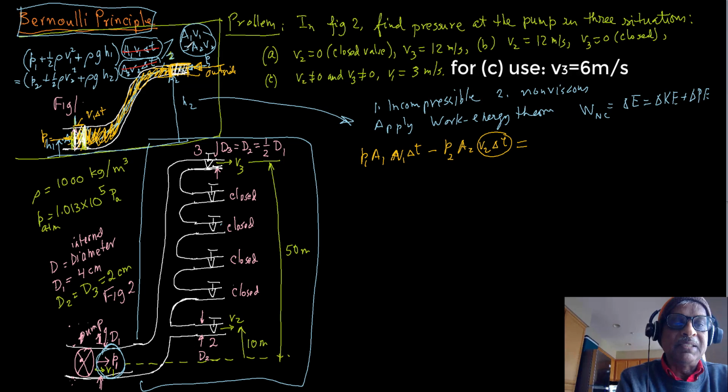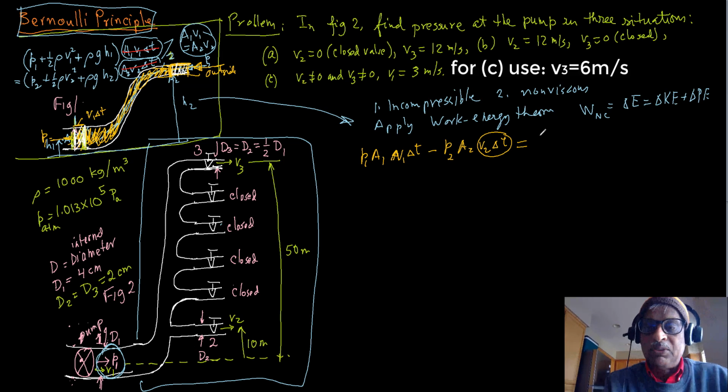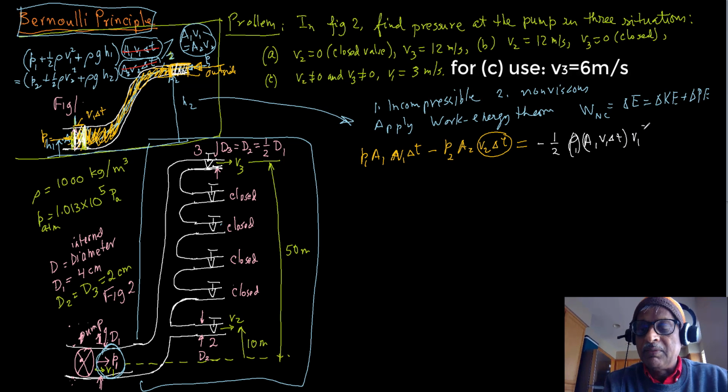So you might say it changes: loss of this and gain of that. The loss is minus half rho 1 A1 V1 delta T, so this is the volume and this is the density, then you have V1 squared. So that's the kinetic energy.